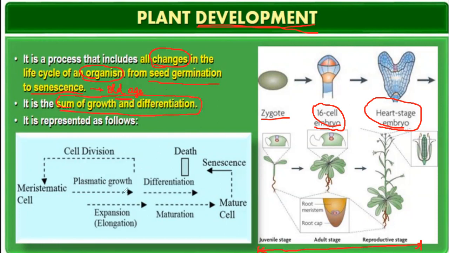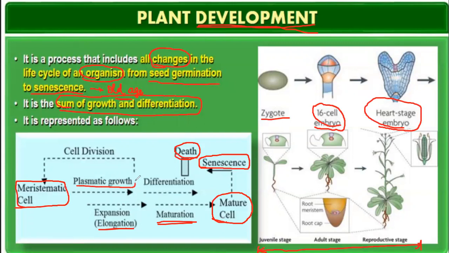The meristematic cells undergo elongation or expansion, then maturation, and the cell becomes mature, and it gives rise to senescence, or it becomes old and death happens.